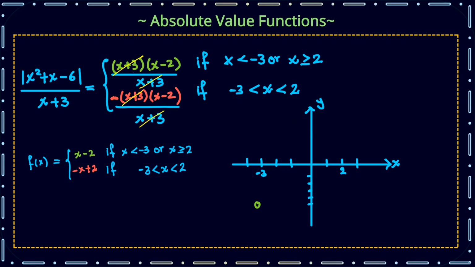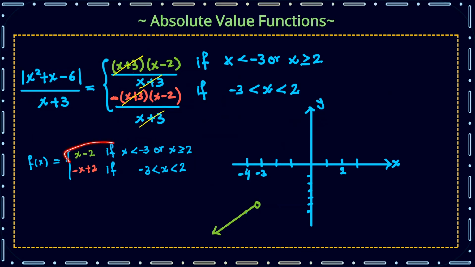I can choose negative 4 to pick another point on that graph. Negative 4 minus 2 is negative 6. Negative 4, negative 6 is that point. Connect the two to draw the line x minus 2 over this interval.